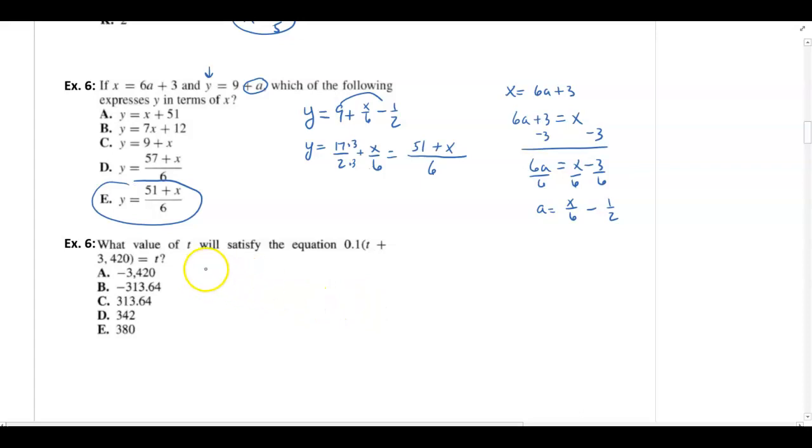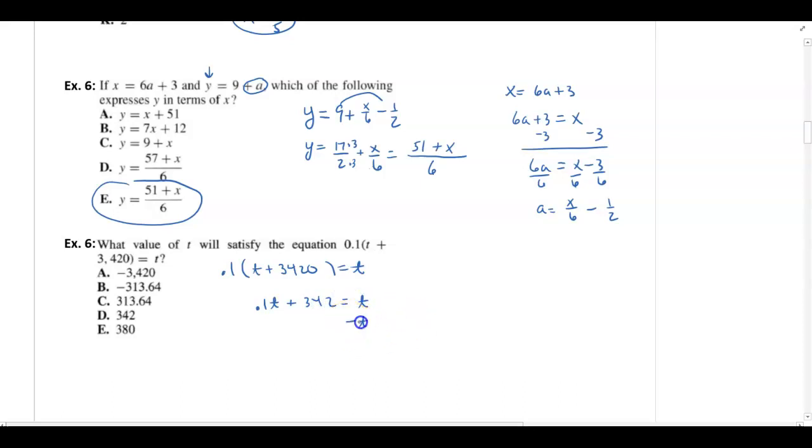Now, the last one here, when you have 0.1 times t plus 3,420 equals t. Multiple ways to do this, but the first thing you would want to do is distribute the 0.1. Okay, when I distribute the 0.1, I would get 0.1t plus 0.1 times 3,420, which is going to give you 342 equals t.